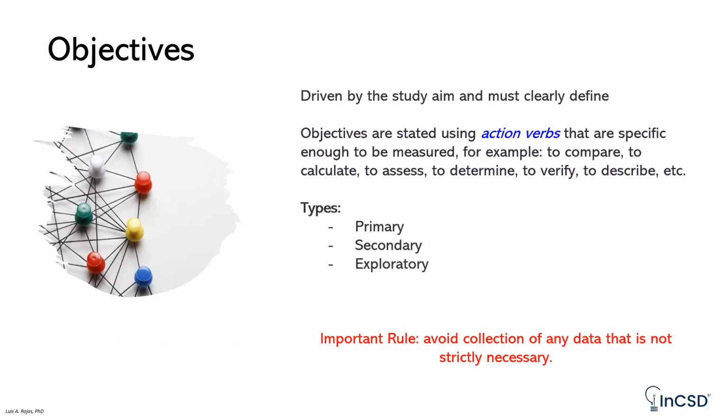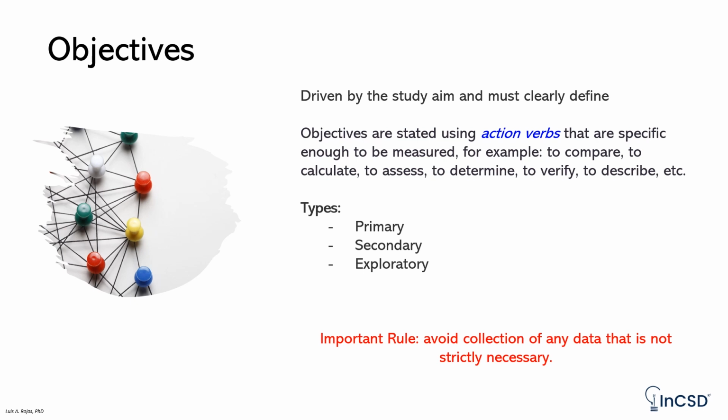The objective should be a clearly defined target within the study aim and specific enough to be measured with a validated instrument. A well-written objective uses action verbs such as to compare, to calculate, to assess, to determine, to verify, or to describe. In clinical trials, we commonly see the following types of objective.